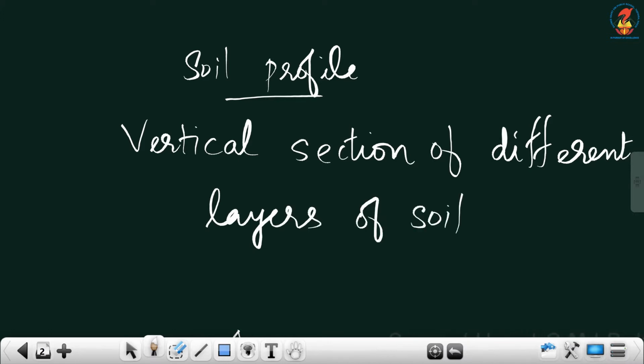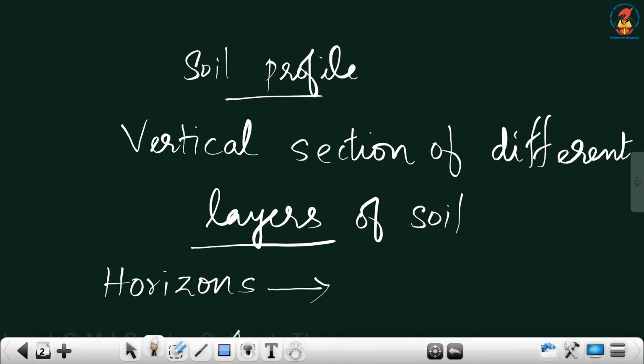In this vertical section different layers are there, and the different layers of the soil are known as horizons.